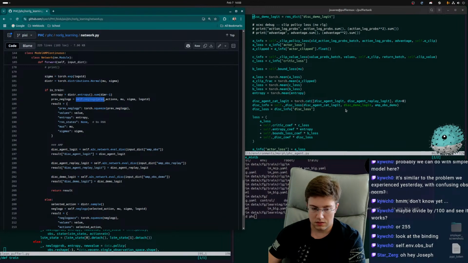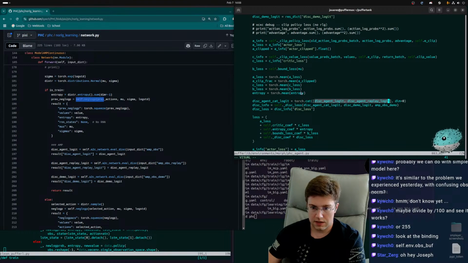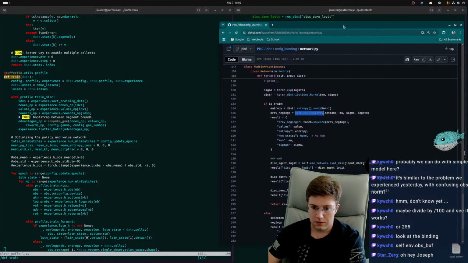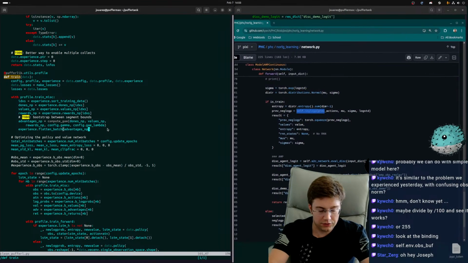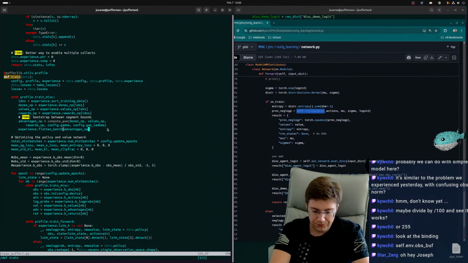Apply. They concat these together. Just demo logic. Okay, so this doesn't look very bad. Yeah, this doesn't look very bad. So all I have to do here is just an extra loss.